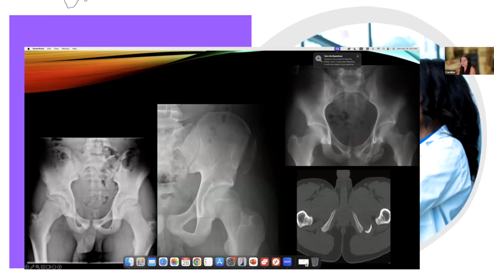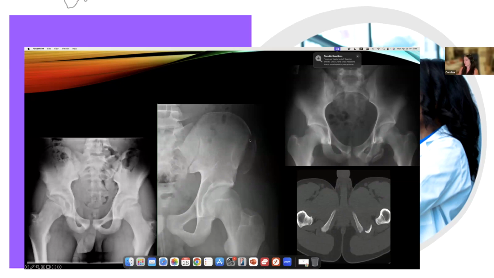So we have different types of avulsion fractures in the hips. I wanted just to show you the most common ones. So the most common avulsion fracture of the hip is the ischial spine from the hamstrings.